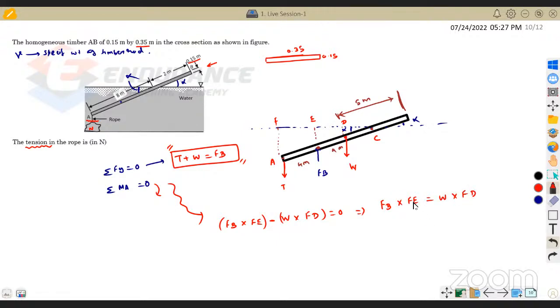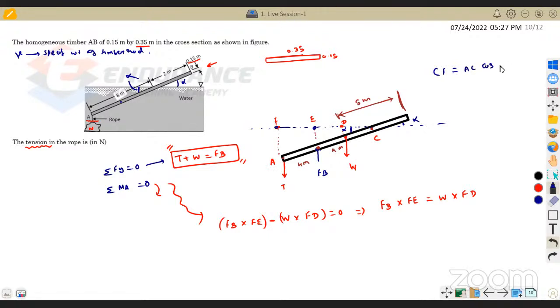Okay, first of all, what is this FD? This distance. FD means this distance. FE in the sense this distance, right? So how can I determine FE and FD? Just take this triangle ACF. From the triangle ACF, I can write CF. If this is alpha, then CF will be AC cos alpha, right?